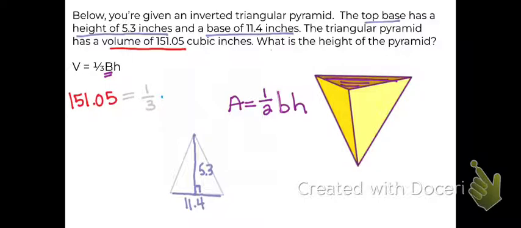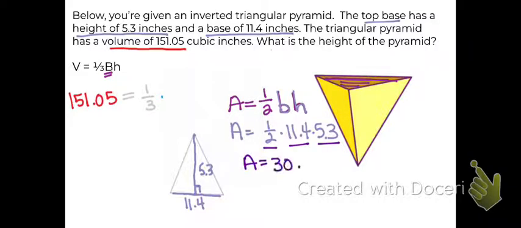So let's substitute those into our area formula. So when we multiply 1/2 times 11.4 times 5.3, we get 30.21. So the area of the triangle base is 30.21. That's what we substitute into our volume formula.